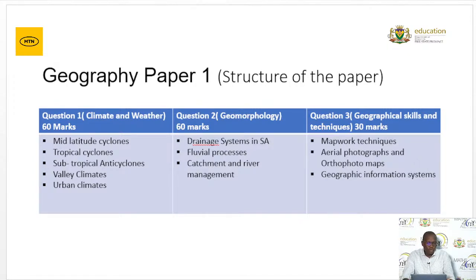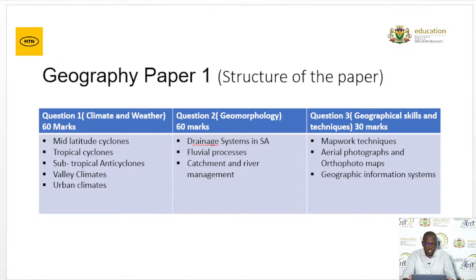One must also know subtropical anticyclones, valley climate, and also urban climate. Those are the subtopics in climate and weather. And Question 2, geomorphology, is also 60 marks: drainage systems in South Africa, fluvial processes, catchment, and river management. One must understand all those subtopics before we write the examination on the 15th.